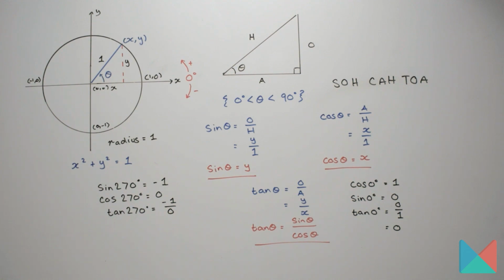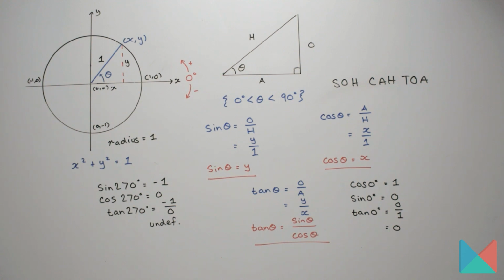And so tan of 270 degrees is actually what we call undefined. So we can just write undefined here. And we'll discuss why this is the case later on. But for now, we can just say that tan of 270 degrees is undefined because we're dividing by 0. So hopefully you can begin to appreciate how powerful this new definition for sine, cos, and tan really is.